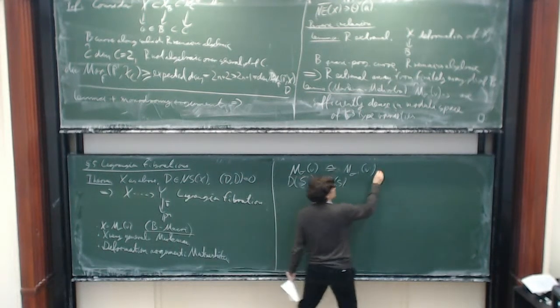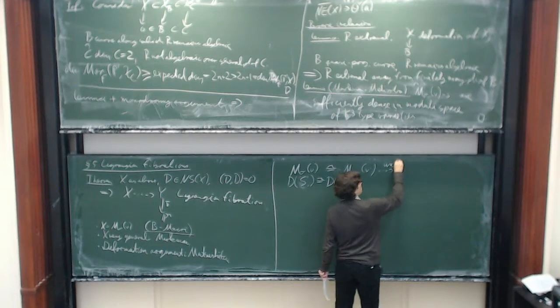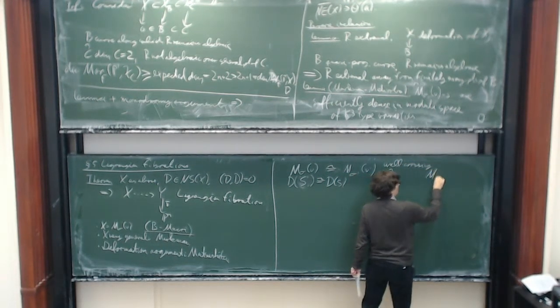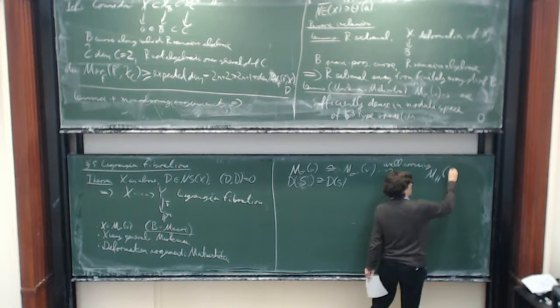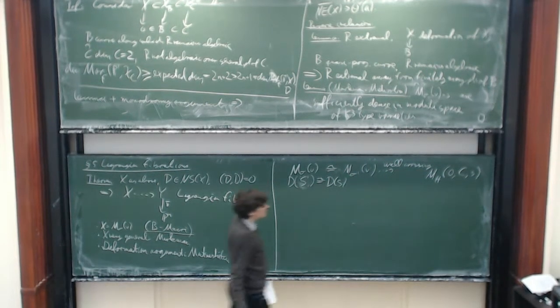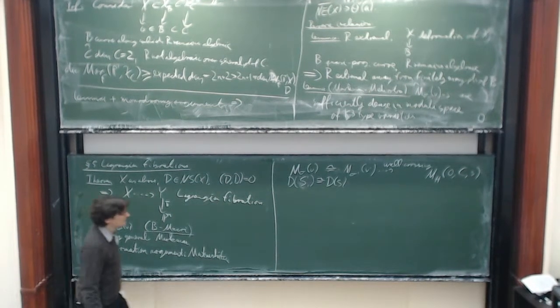And then here we use wall crossing to reduce it to the case where it's well known, where I have a Gieseker moduli space of sheaves of rank 0 and supported in some curve class C in S.